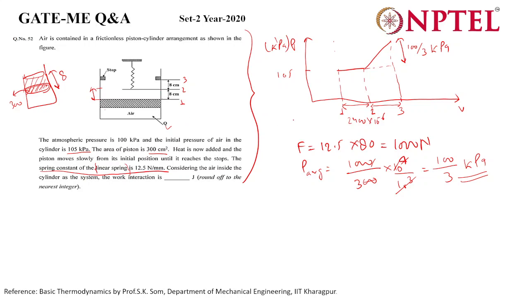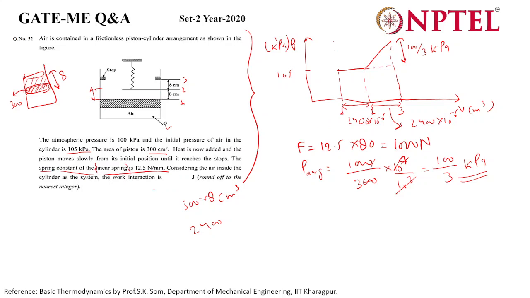So it would be 240, not 2400, I think. 300 into 8, right? And the volume is 300 into 8 centimeter. Correct, 2400. Oh, 2400, sorry. So in meter cube, it would be the same, 2400 into 10 to the power minus 6.